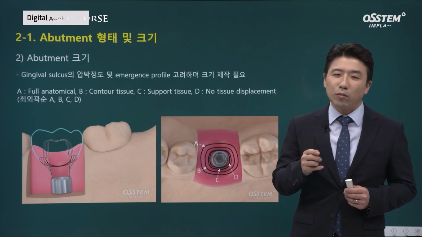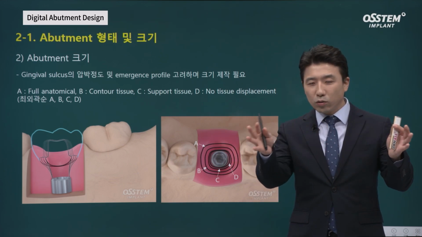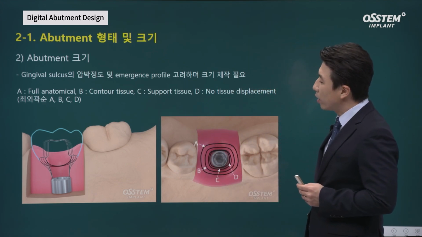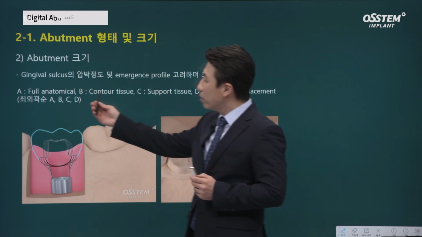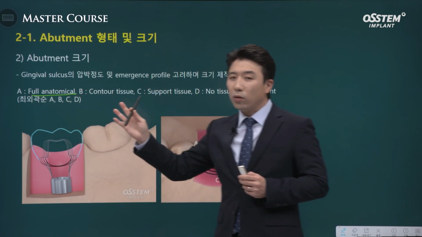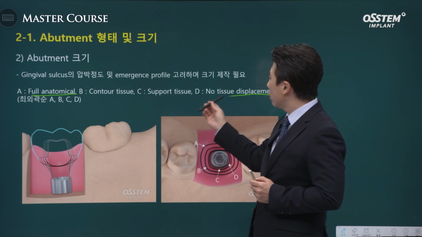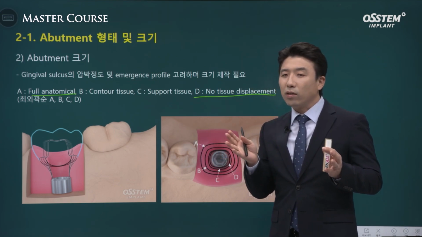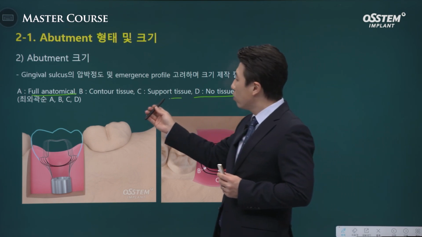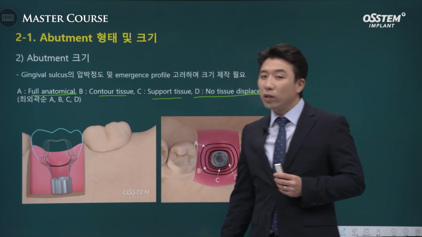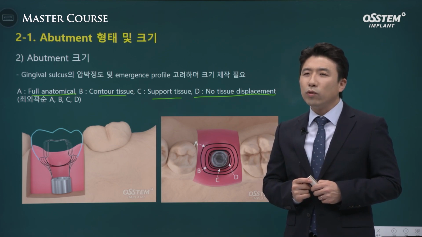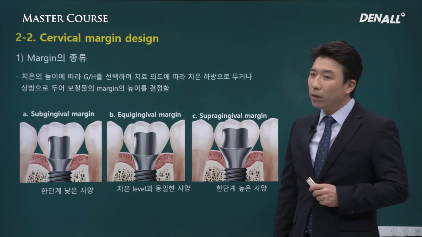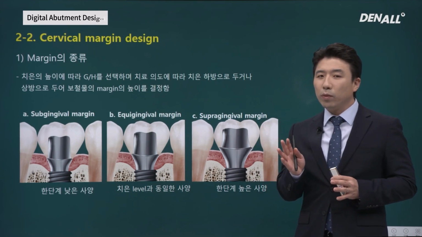There can be different options, and here it shows options A, B, C, D. In the case of A, it is about providing the same contour anatomically, and for D, there will be no tissue displacement and no major changes from the healing abutment size. As for these, they are options in the middle. In the case of the posterior area, everyone has slightly different opinions. Depending on the situation, we need to provide contour as necessary.